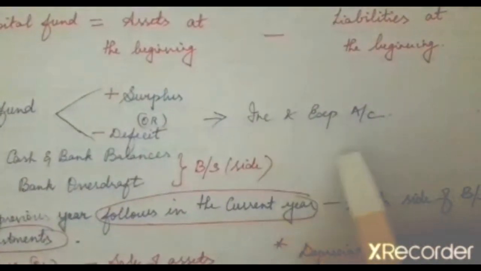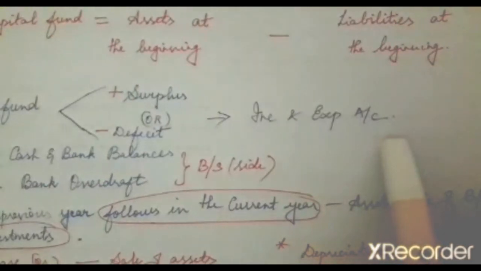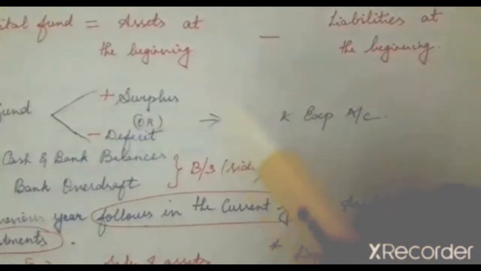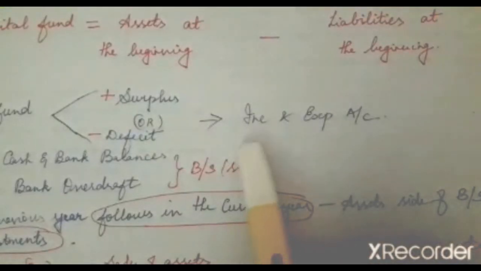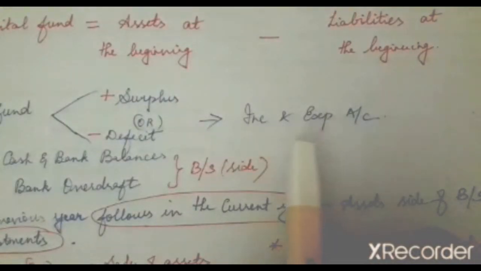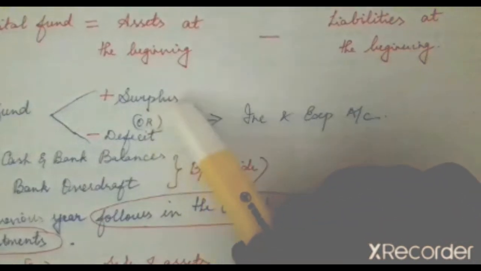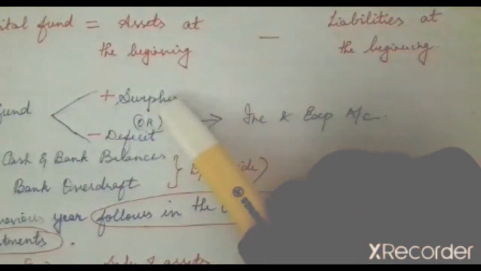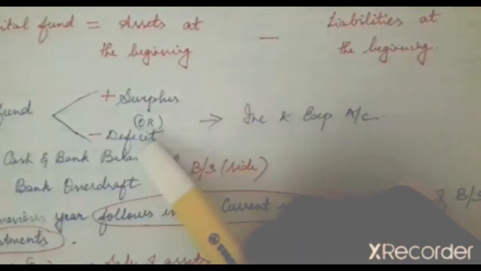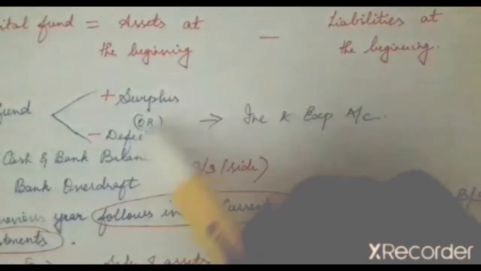This income and expenditure account would have a value like a surplus or deficit. Normally, after posting the transactions, you find the difference. What is a surplus? Excess of income over expenditure is a surplus, and if it is a deficit, it means excess of expenditure over income.